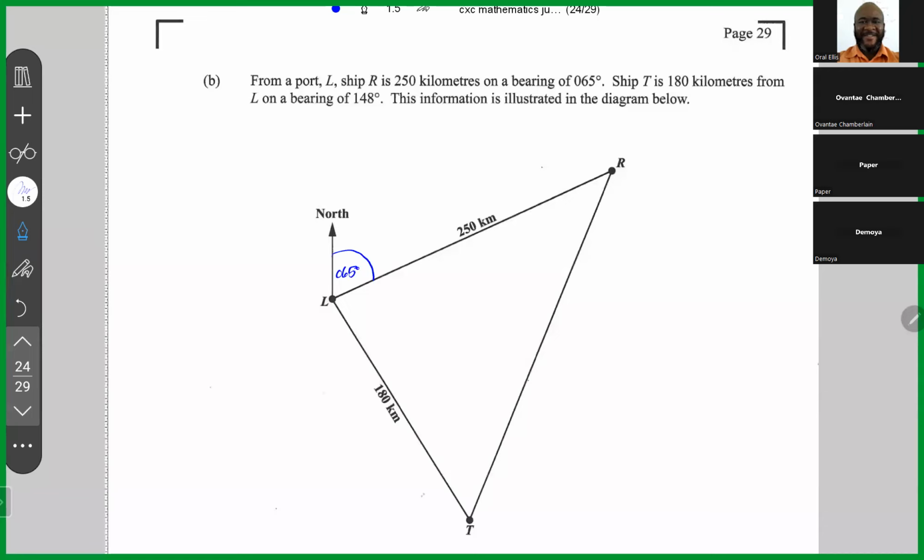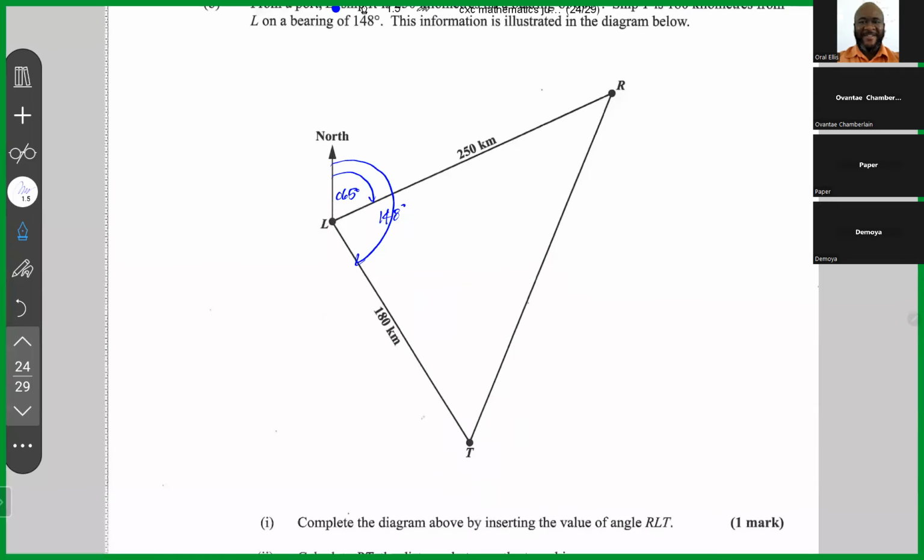And the ship T is 180 kilometers from L on a bearing of 148 degrees. This information is illustrated in the diagram below.